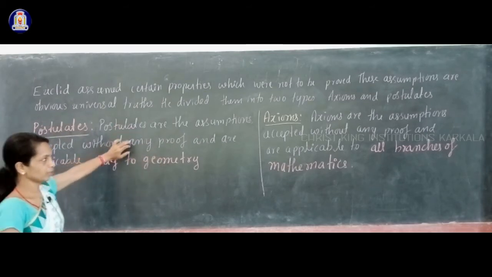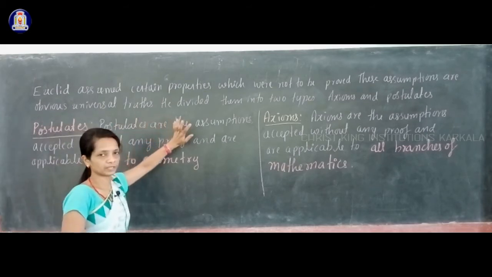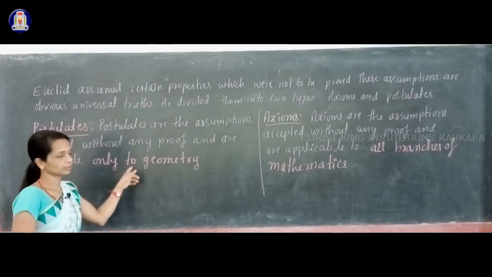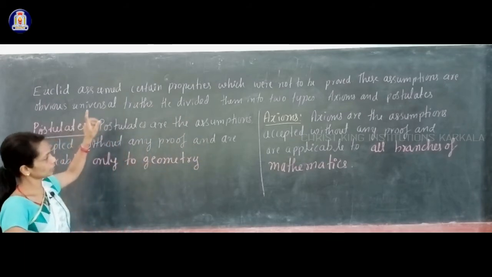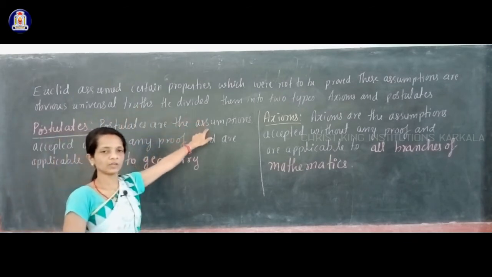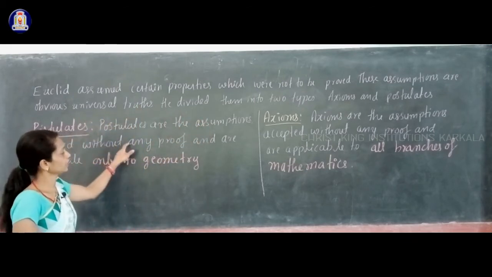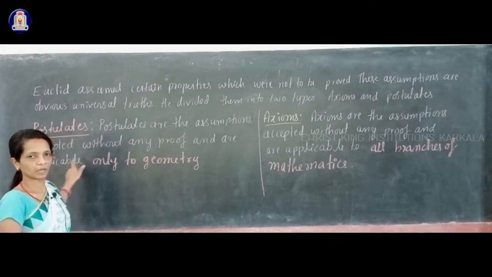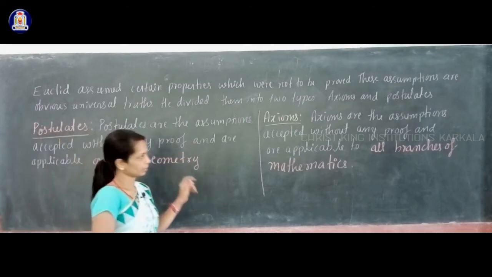Without any proof you can accept these assumptions, and they are applicable only to geometry. So postulates are assumptions which are accepted without any proof, without any question, and are applicable to geometry only.